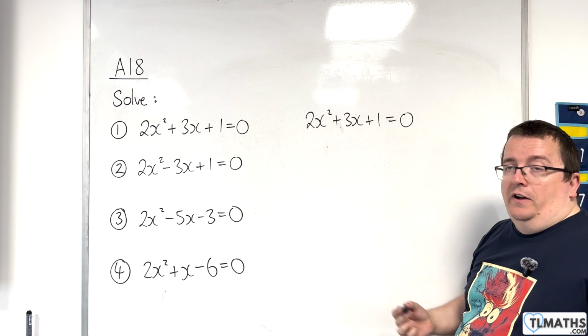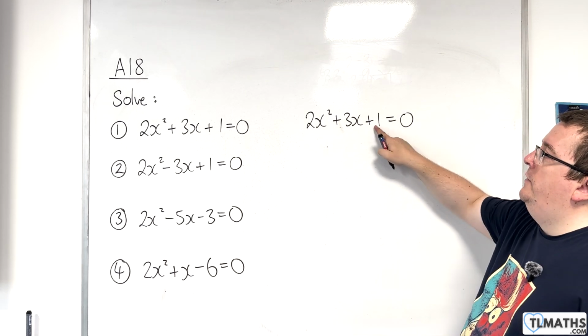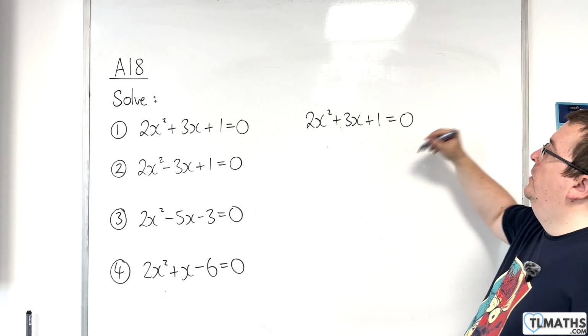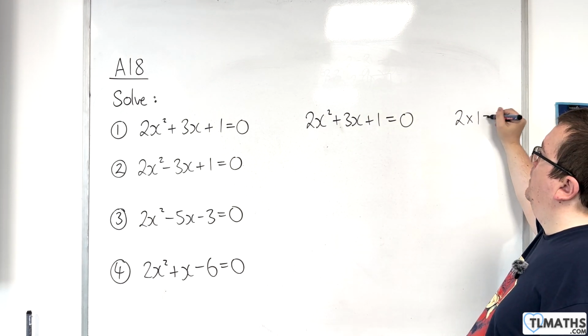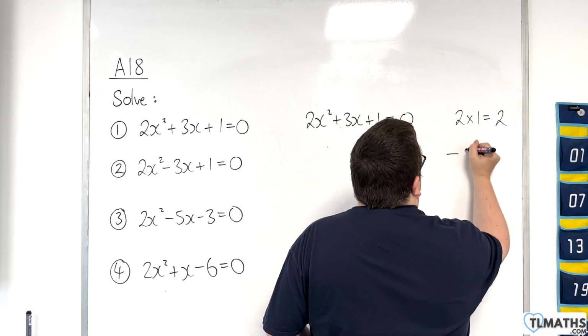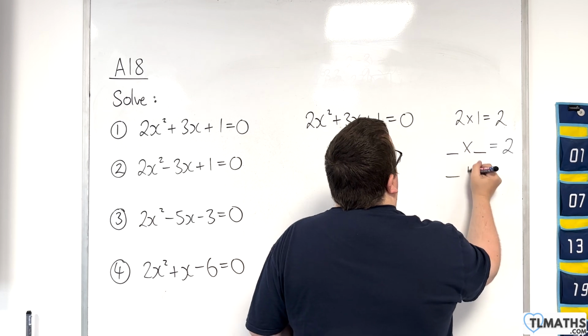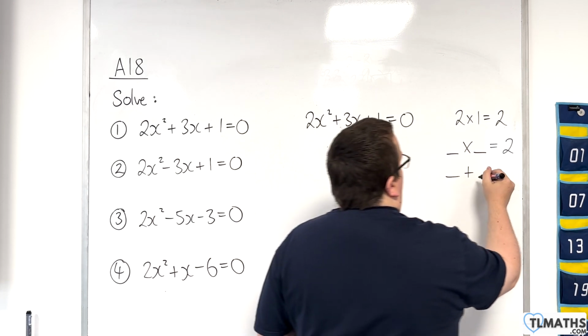So the way I start is multiply the coefficient of x squared by the constant term. So 2 times 1 is equal to 2. We are now looking for two numbers that multiply together to make 2, but add together to make the 3.